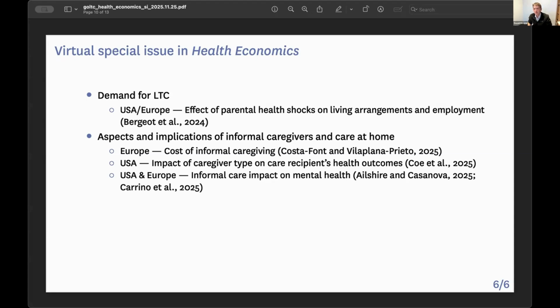Another paper was in the US, using the Health and Retirement Study, looking at the impact of caregiver type on care recipient health outcomes, by Norma Coe and co-authors. The authors highlight how little is known about whether the type of caregiving impacts a care recipient's health outcomes. Conditioning on receiving care, the authors investigate three alternative forms of care receipt: family care only, formal care only, or a combination of the two.